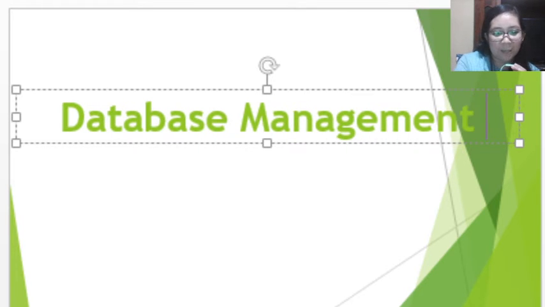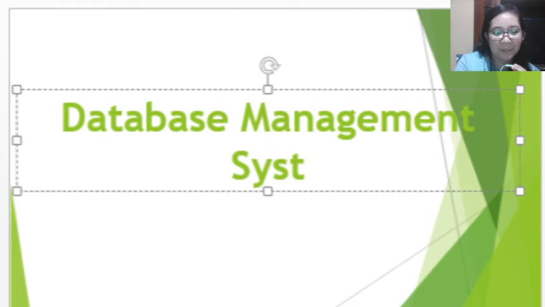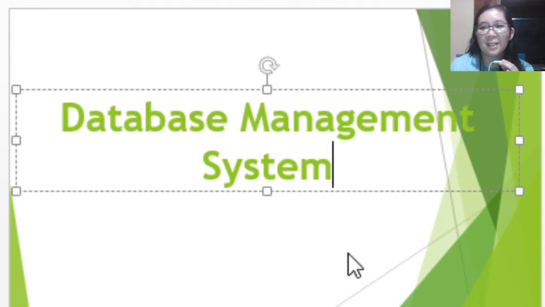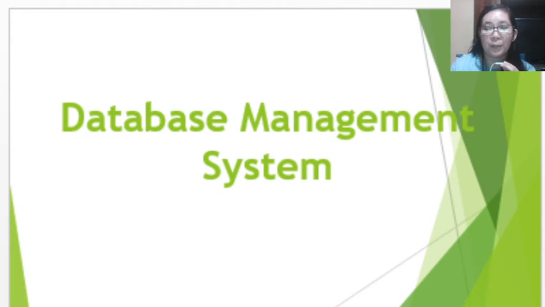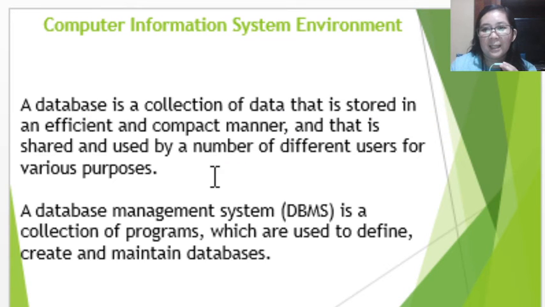Okay, so this is the last part of our module. A database is a collection of data that is stored in an efficient and compact manner, so that it is shared and used by a number of different users for different purposes.